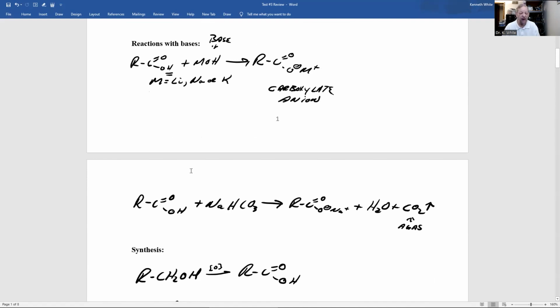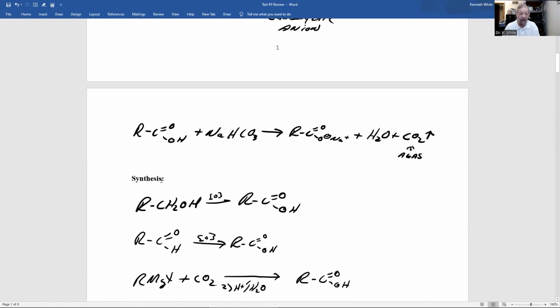And a special case of that you should know is when you take a carboxylic acid and react it with sodium bicarbonate, which is found in baking powder, and you have an acid-base reaction.